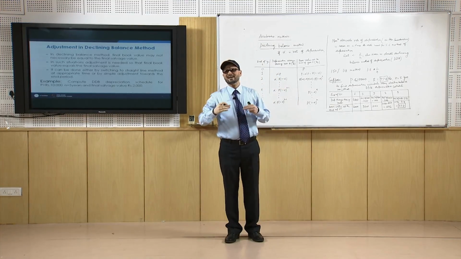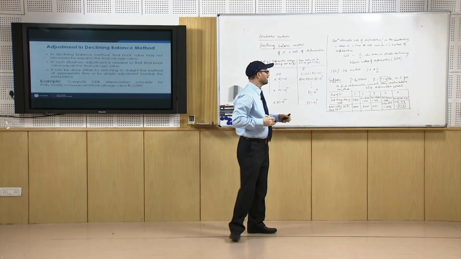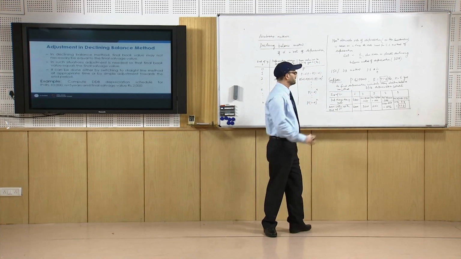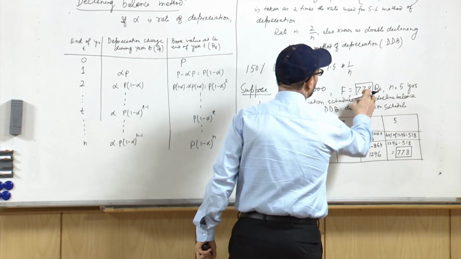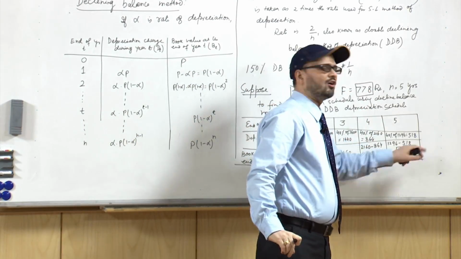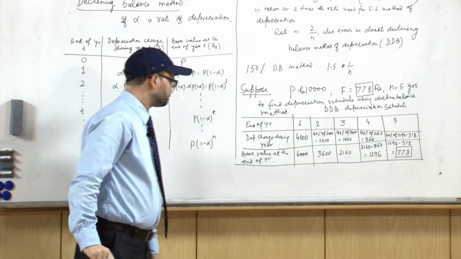So, using the declining balance method of depreciation, we have seen that in this problem we have got the amount of salvage value as the book value at the end of its life.